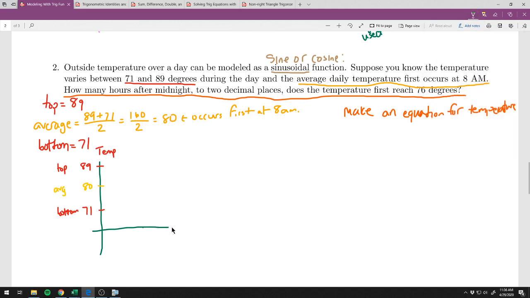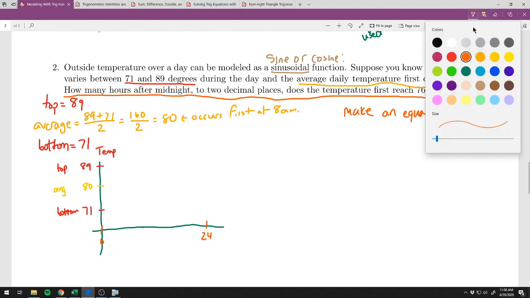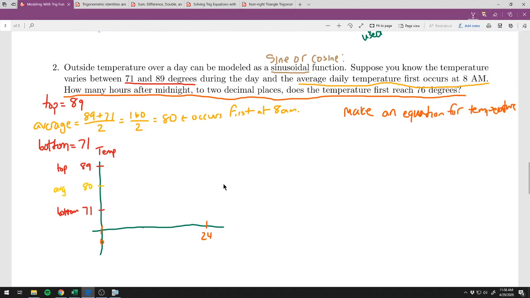I'll give some x values here, because we know that 0 is midnight and 24 is how many hours are in a day. This is telling us the average occurs at 8 a.m., which means we're going to hit 80 at t equals 8. If it was 8 p.m., then we would use 20, because 8 plus 12. So the average occurs at 8.